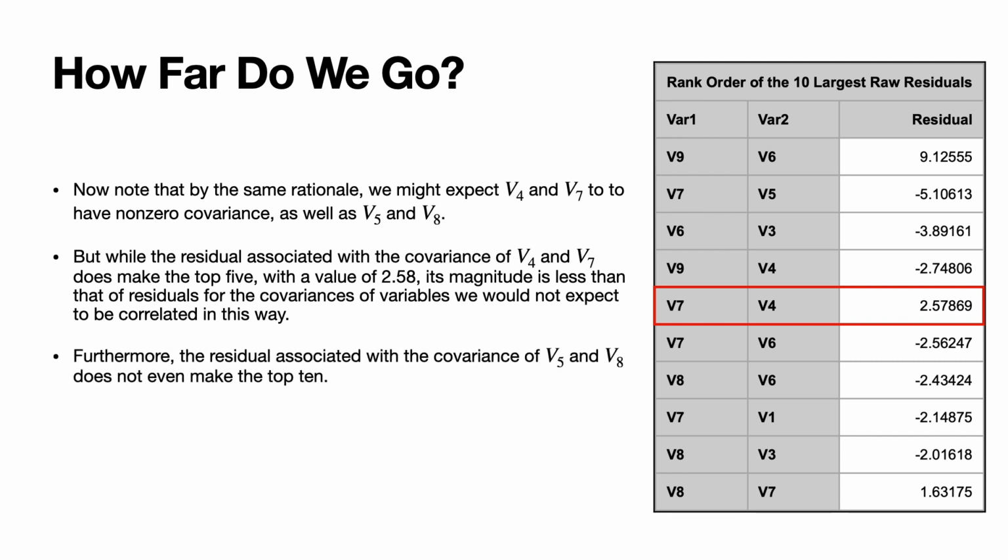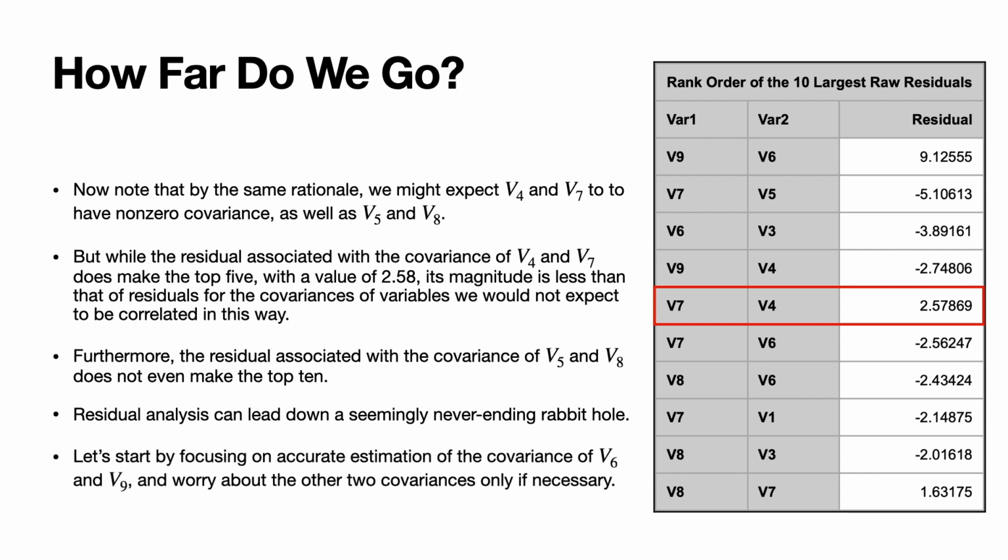Furthermore, the residual associated with the covariance of V5 and V8 does not even make the top 10. Now, we need to keep in mind that residual analysis can lead down a seemingly never-ending rabbit hole. And so let's start by focusing on accurate estimation of the covariance of V6 and V9 and worry about the other two covariances only if necessary.